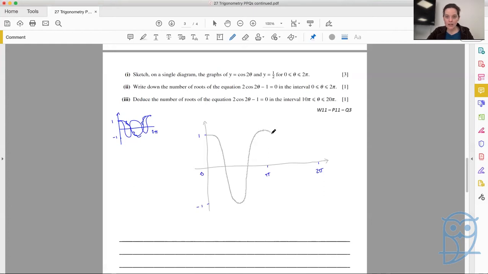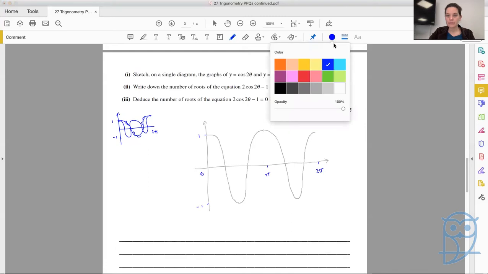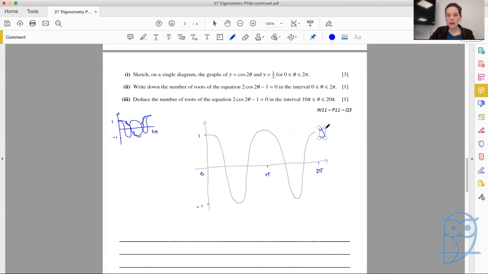Then we repeat the same thing from pi to 2 pi. Hopefully yours would look slightly more even than that, but you've got a good idea of what we're working with. So this one, we now label, because this is now y equals cos 2 theta. So our axes are y and theta.